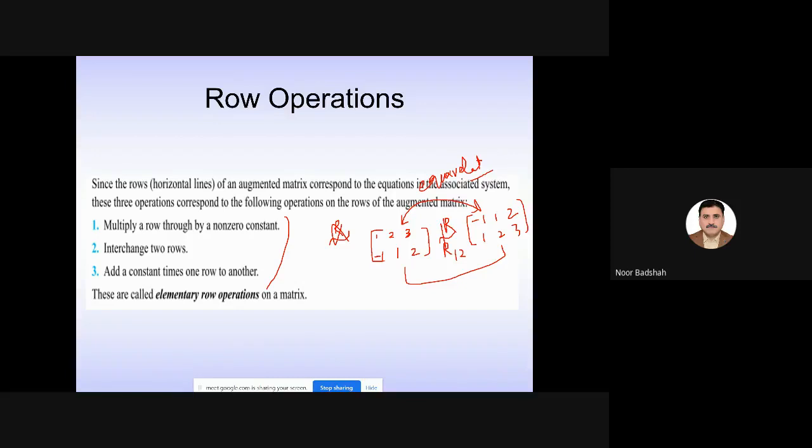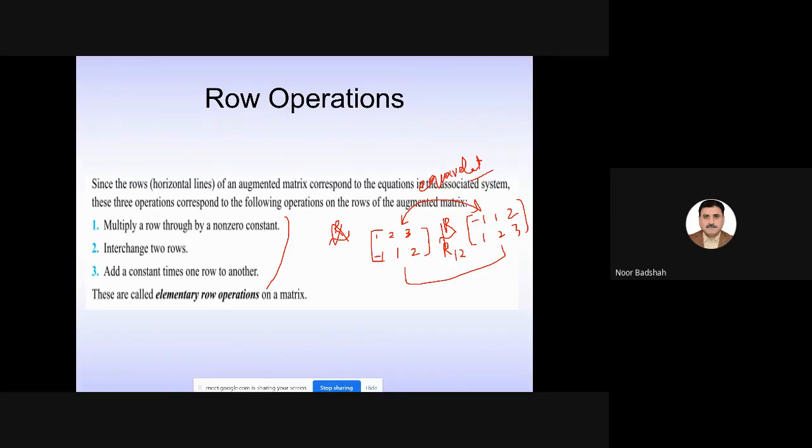Two matrices are said to be equivalent if they are obtained by applying any of the row operations. Either you apply one operation, you may apply two operations, you may apply three operations to get a new matrix. The new matrix is equivalent to the old matrix.